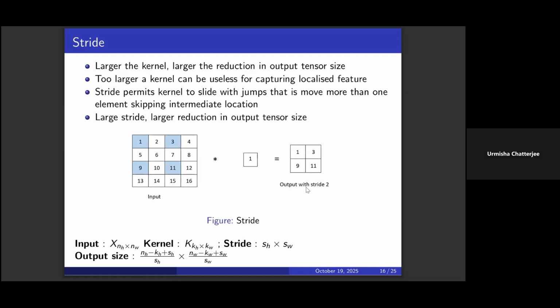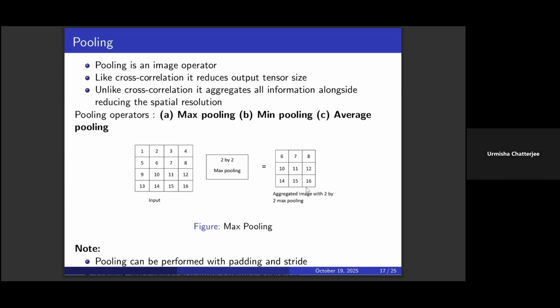Okay. So there is one more operation, that is pooling. Pooling is actually an aggregation of the feature maps, and it further reduces the tensor size, whether it's a hidden layer representation or the actual image. It reduces the size by aggregation, but it doesn't require any additional parameters to do that.